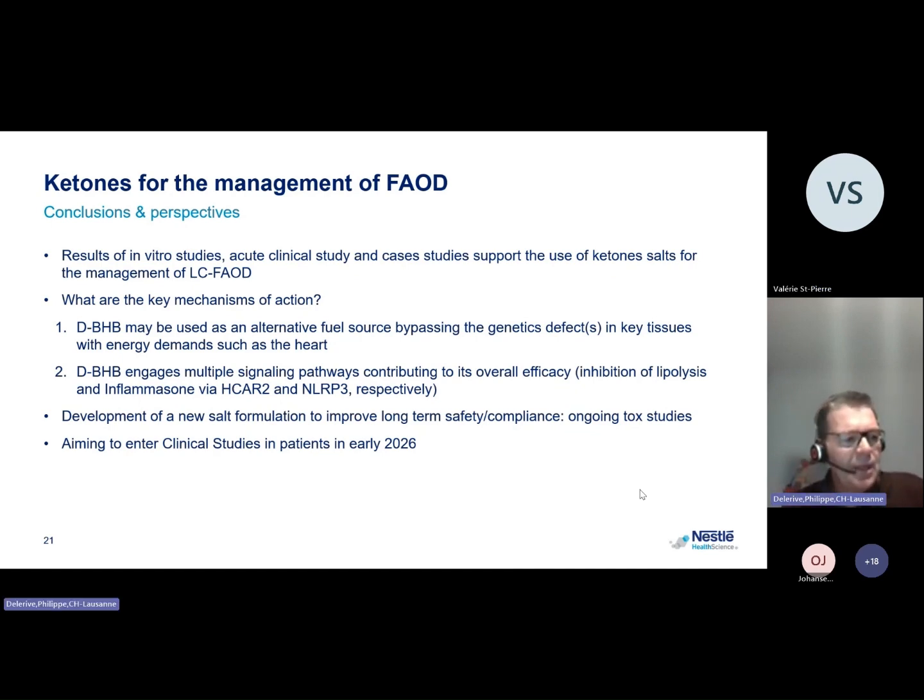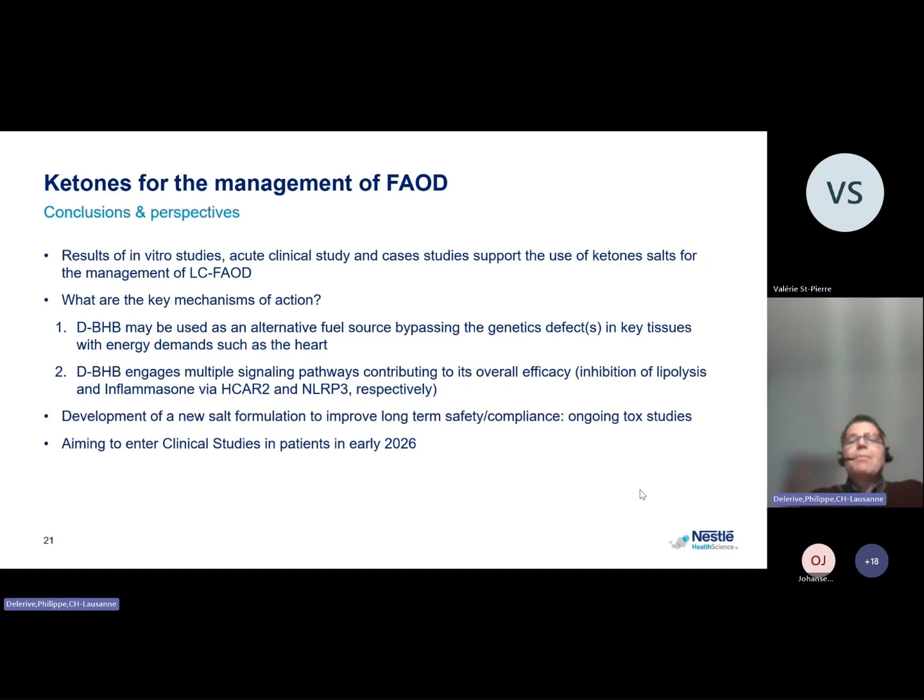And what are the mechanisms of action beyond this? Well, we know that DBHB is an energy source and an alternative fuel source bypassing the genetic defects in key tissues with high energy demands, such as the heart, for instance. We know that, and it's verified.